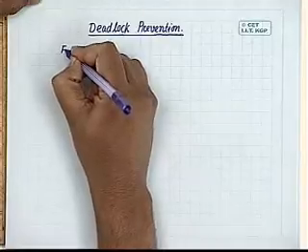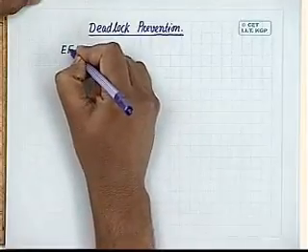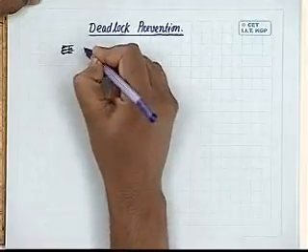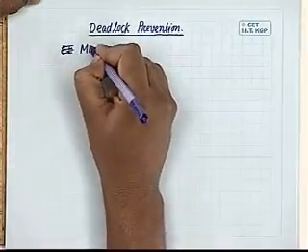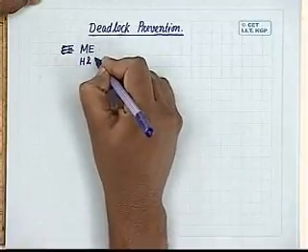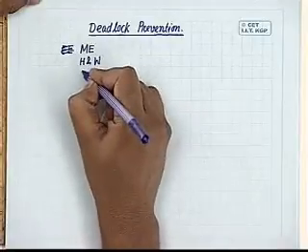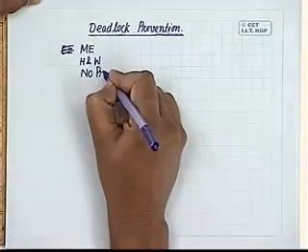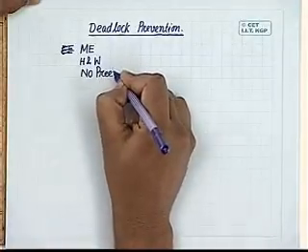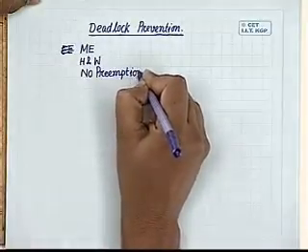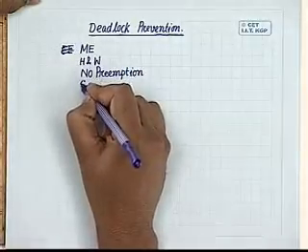So the four necessary conditions are mutual exclusion, hold and wait, then no preemption, and the fourth condition is circular wait.